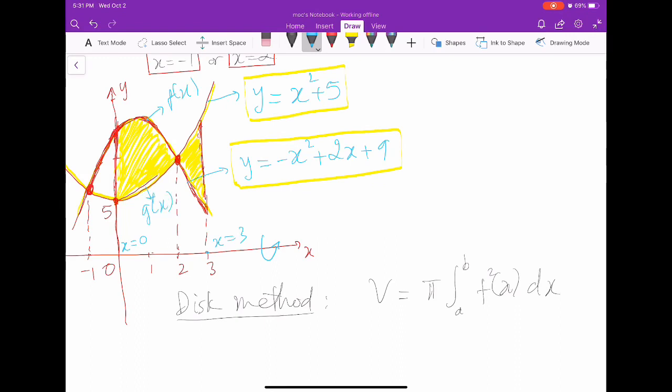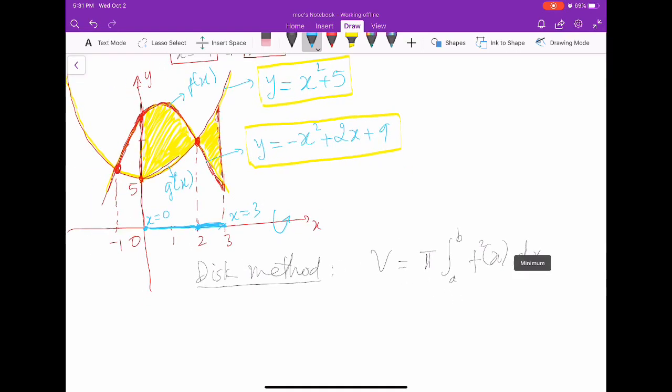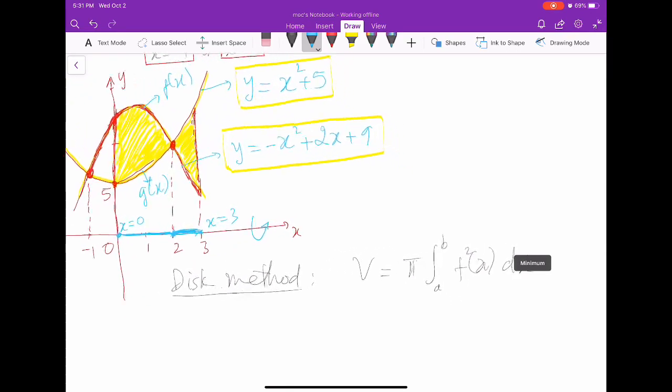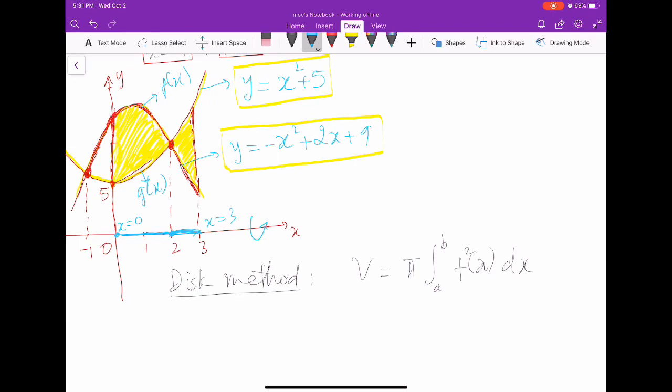In the first interval from 0 to 2, f of x is bigger than g of x. But on 2 to 3, f of x is less than or equal to g of x. So in this case, we use the washer method, which is a very minor modification of this method.